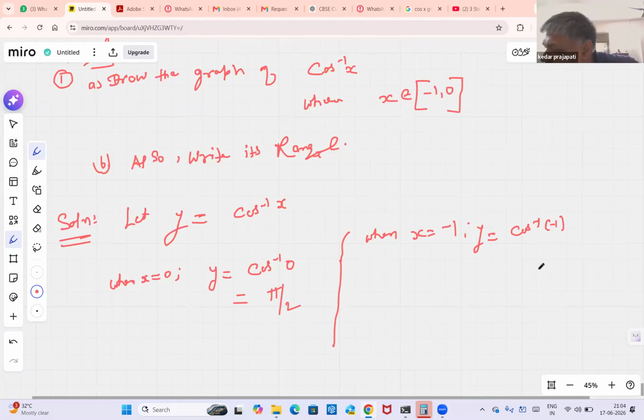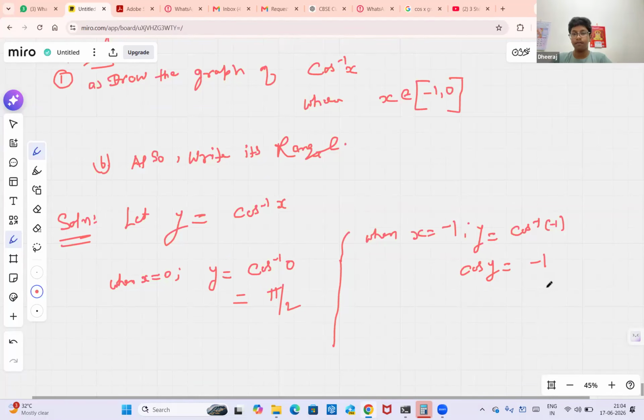So what you can simply do is this: cos y equal to minus 1. And at what angle is cos y minus 1?